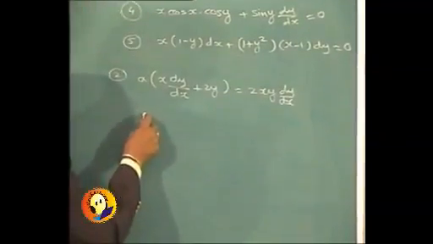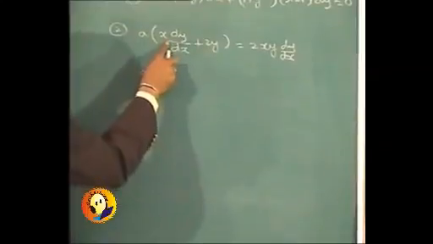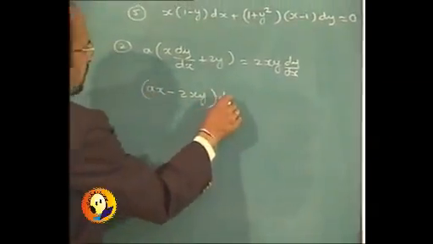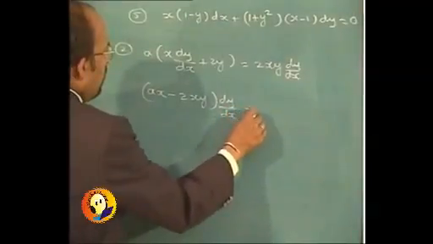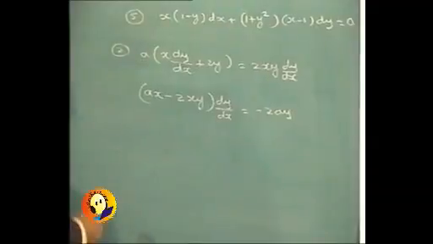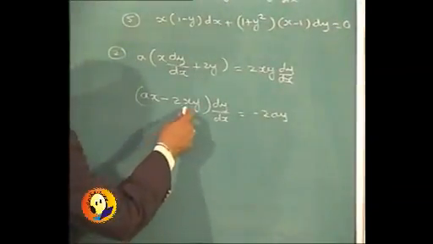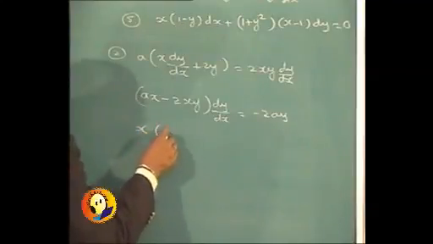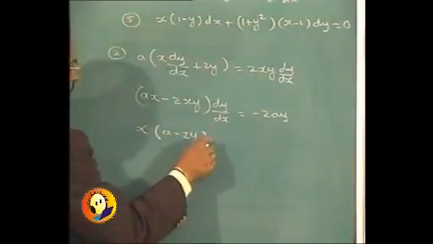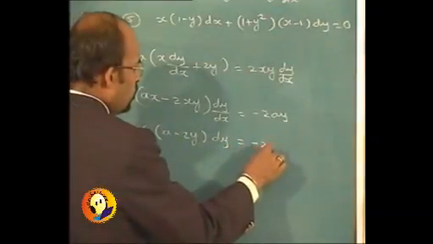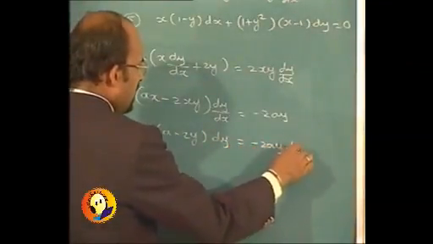So it will be ax as I multiply minus 2xy dy by dx will be equal to minus 2ay. We are going to cross multiply, but before that, if possible, separate out x and y. So it is x into bracket a minus 2y dy will be equal to minus 2ay dx.